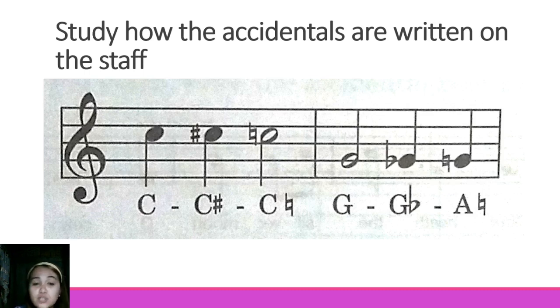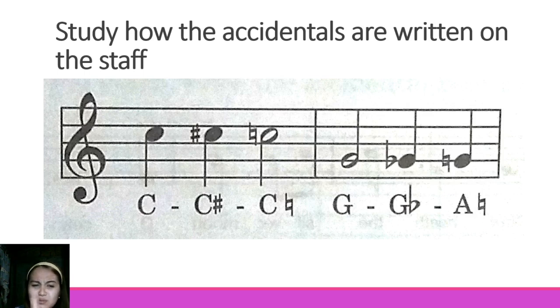So in the first measure we have C, C sharp, and C natural. In the second measure we have G, G flat, and A natural. So let's go to the first measure. How can we say that it is C?